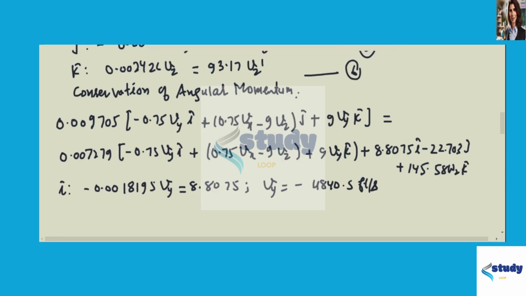And if we equate k cap, you will get minus 0.02183 Vy is equal to 145.58 omega z. So from here omega z will be minus, I am writing directly, you need to substitute this value, radian per second.